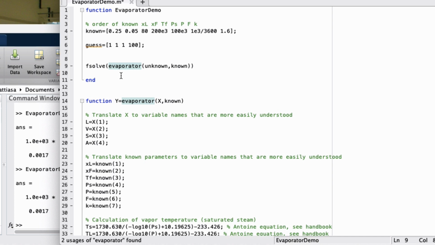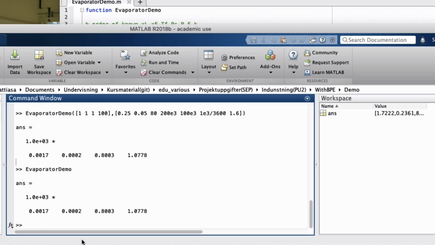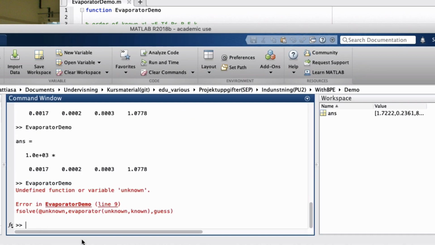Well, we should tell it that the variable to iterate on is the unknown. So this argument here, that's the thing that fsolve should iterate on, and we need to give it a start value for the guess, like that. So let's see if this works. I should now be able to call it Evaporator demo. Undefined function or variable unknown.